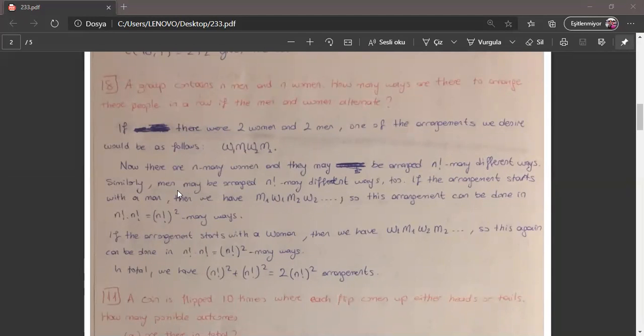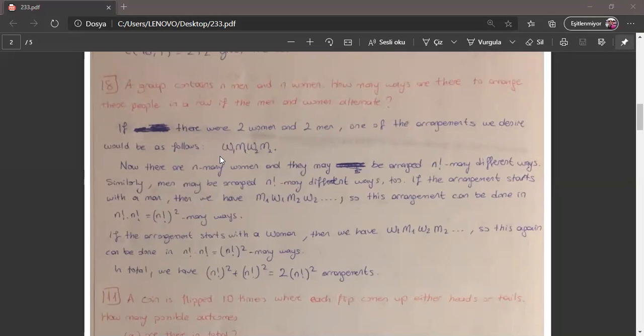Similarly, men can also be arranged n factorial many ways. So it's not done yet. We arrange women, then we arrange men. Now what do we do? If we multiply them, we find the total number for this one.